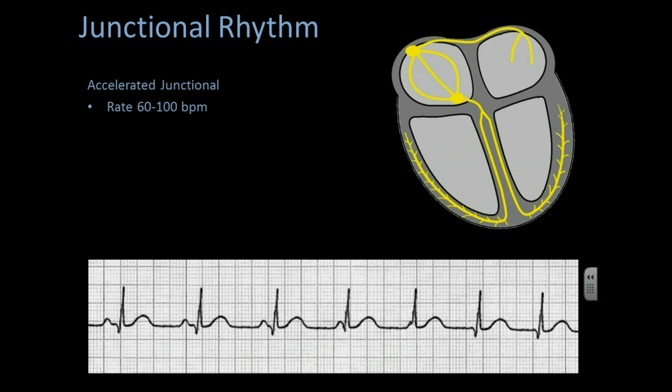All right, here is another example of accelerated junctional rhythm. And I wanted to show you this because this shows how accelerated junctional rhythm may overtake the pacing of the SA node. And it shows you the example I talked about earlier, where the P waves are merging into the QRS complex.